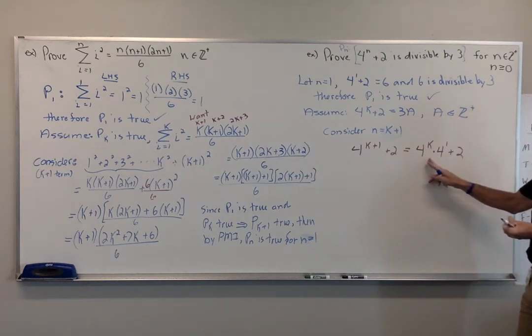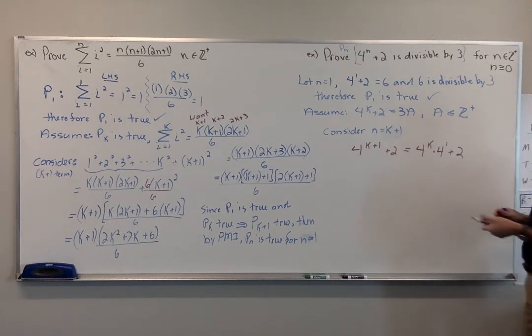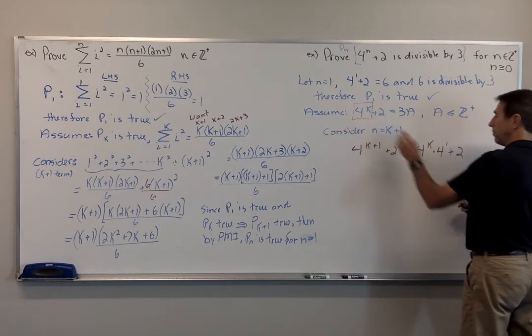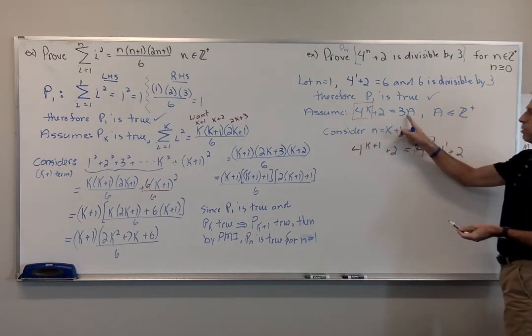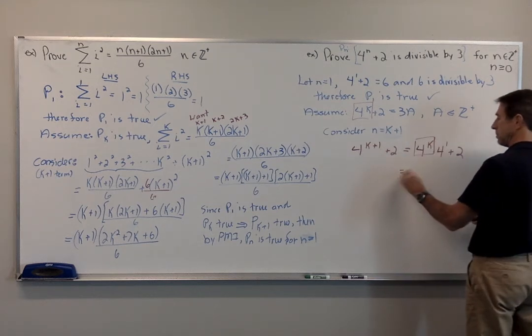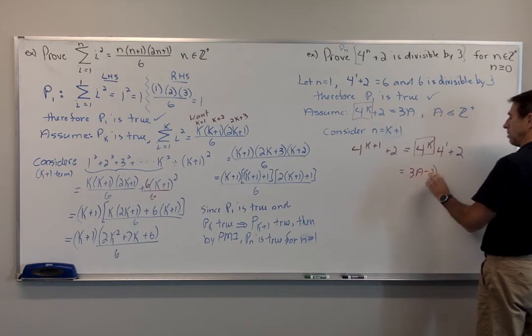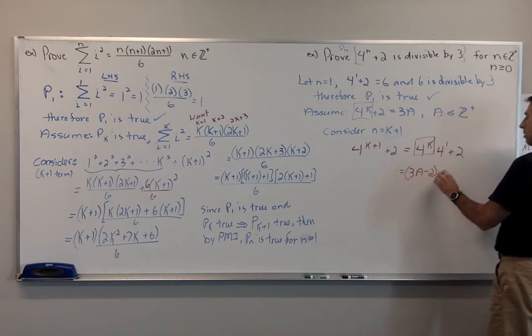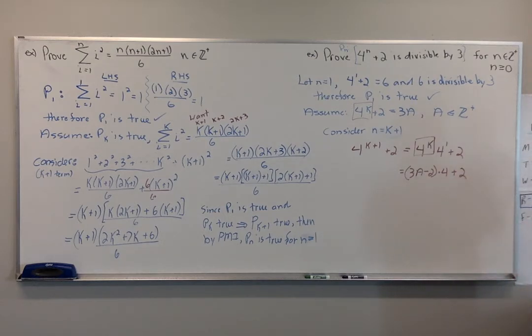Hard to argue that, because remember, I want to somehow use this. How am I going to use it? Well, here's 4 to the k. 4 to the k I can substitute with 3a minus 2. So that's what 4 to the k times 4 plus 2 would equal.